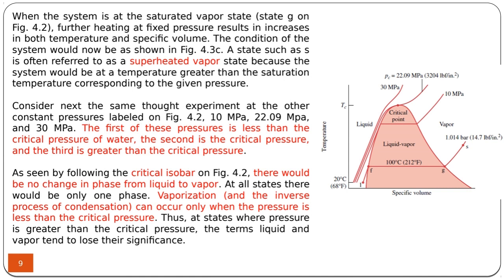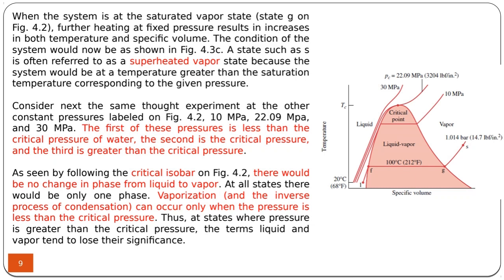In this curve, in this figure, you see a T-v diagram for water. So as you can see, you have the saturation curve, which is called dome. Sometimes it's called saturation dome.